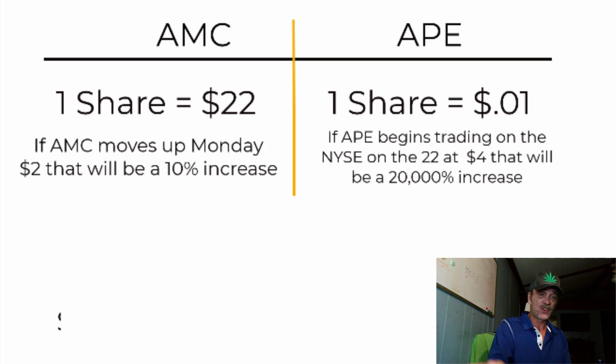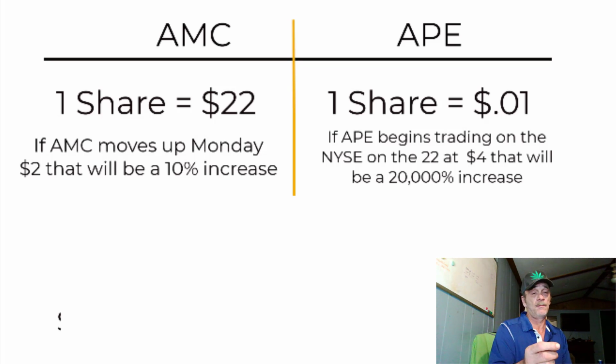Therefore, you have received a dividend of $4,000 from AMC. If you have 10 shares of AMC and the stock begins trading for $4, you will have gotten a dividend of $40. You got 100 shares, you made $400. You got 1,000 shares, you got a $4,000 dividend.